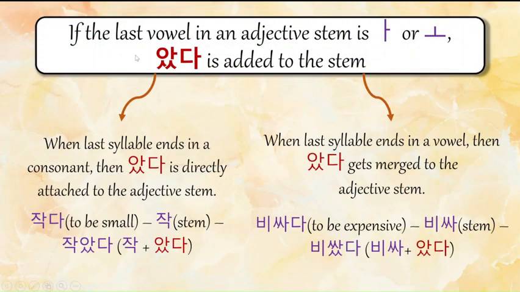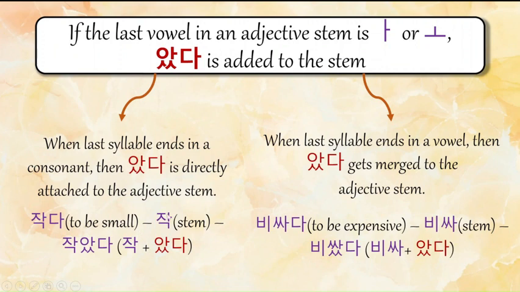First case is if the last vowel in an adjective stem is a or o. We know what we have to add, 았다 to the stem. Now there are two cases. If the stem ends in a consonant, then 았다 is directly attached to the adjective stem. For example, look at this adjective 작다, which means to be small.